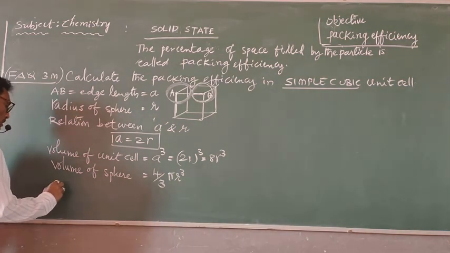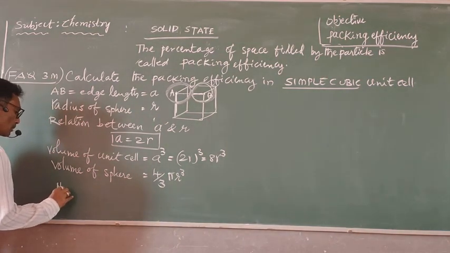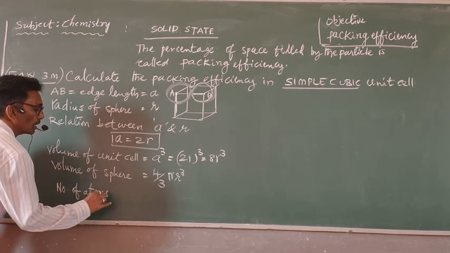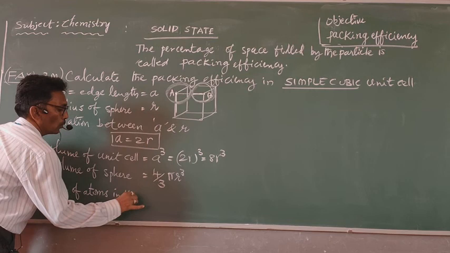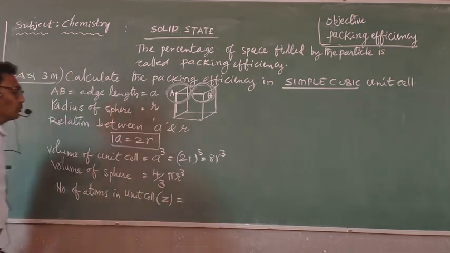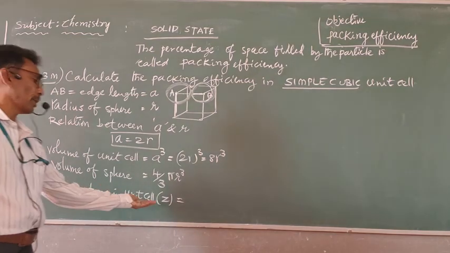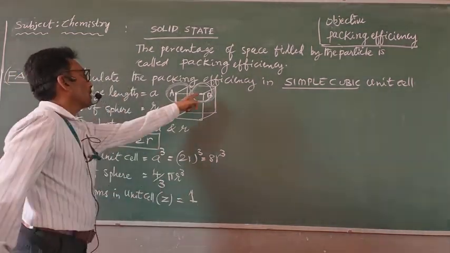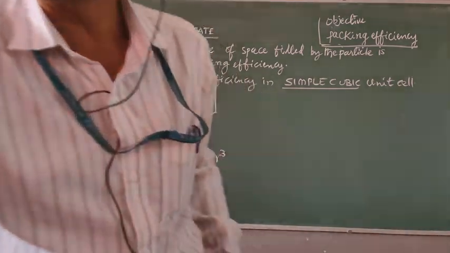Next, an important point is the number of atoms in the unit cell, denoted by letter Z. For my case, there is no need to write Z here, and it is 1. How does this happen?